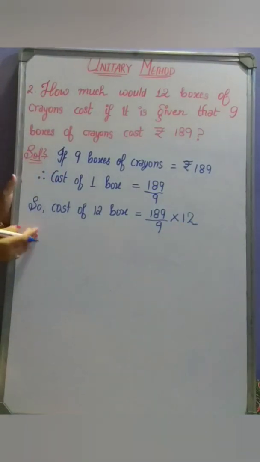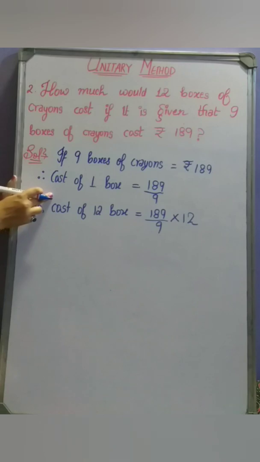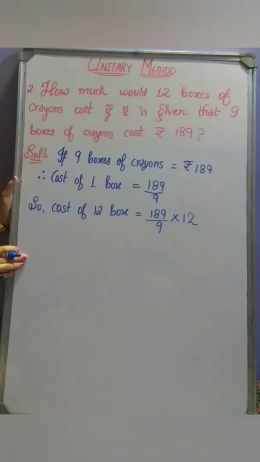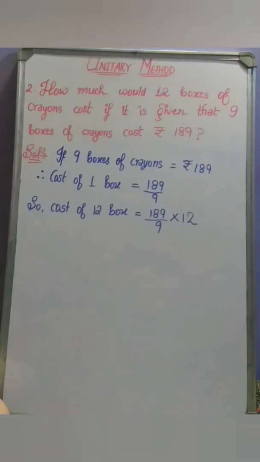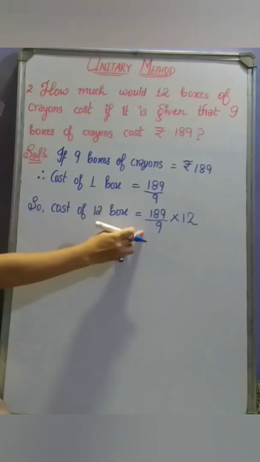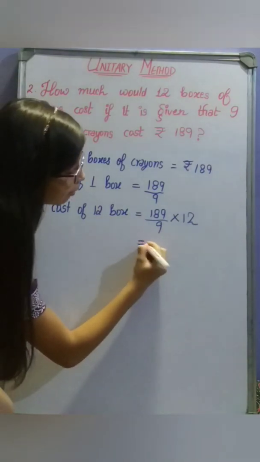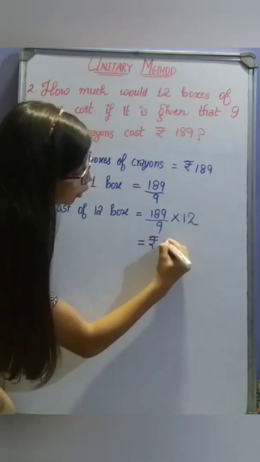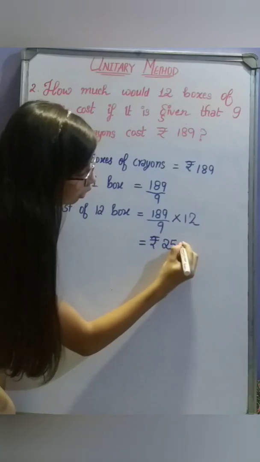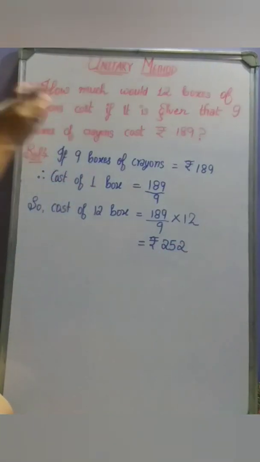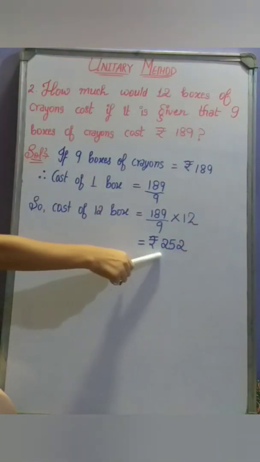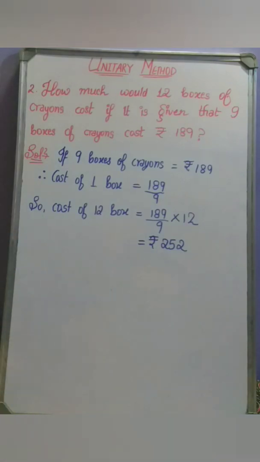So as we know that if the cost of one box of crayons is 189 by 9, then the cost of 12 boxes of crayons will be 189 by 9 into 12. So guys, once we solve this, we'll get the amount to be rupees 252. So now we know that 12 boxes of crayons is going to cost rupees 252.